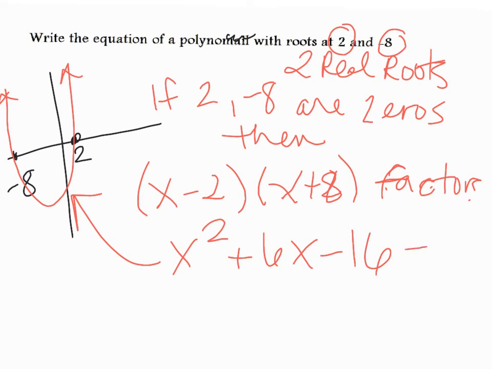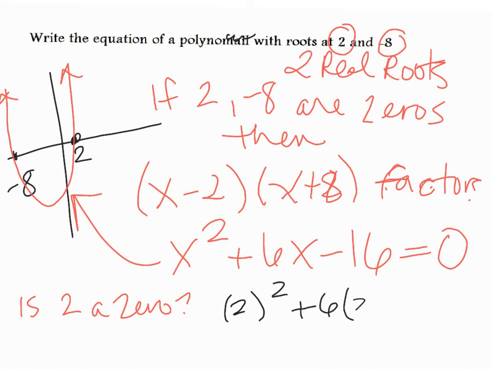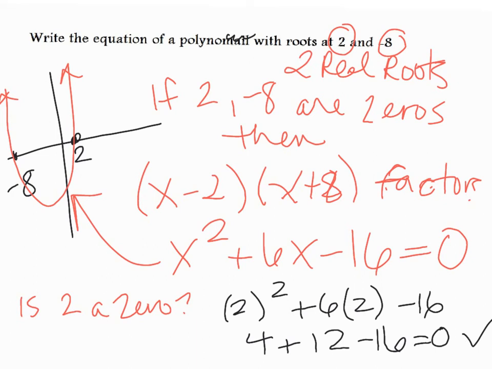If you plug in +2, how do we know it's a 0? Well, plug it in. 2 squared plus 6 times 2 minus 16. 4 plus 12 minus 16 equals 0. It does. 2 is a root.